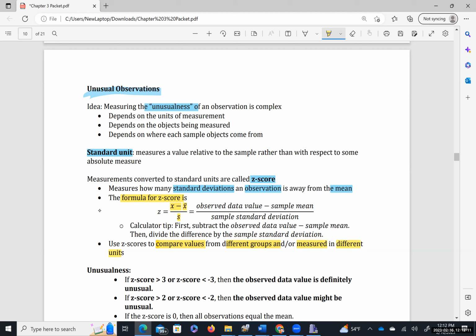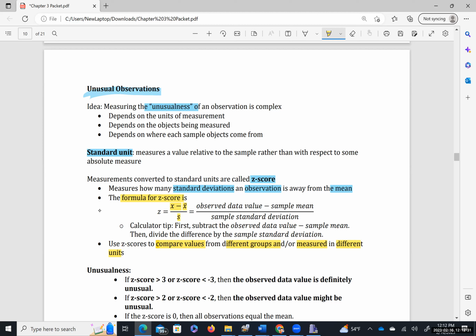Okay, so for example, when I was in another country like Vietnam, they used my GPA on a scale from 1 to 10.